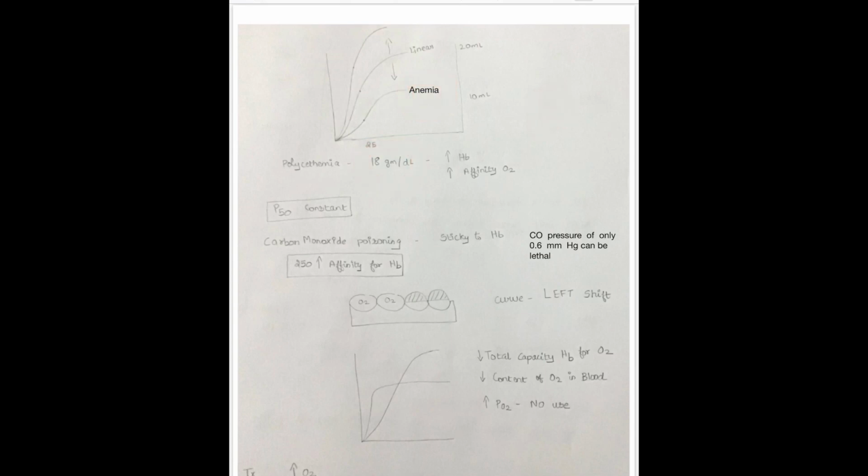In both the cases, the P50 remains constant. What do you mean by P50? As we discussed earlier, the P50 is at which the percentage saturation of hemoglobin is 50. That is 50% of hemoglobin is saturated and 50% is desaturated.